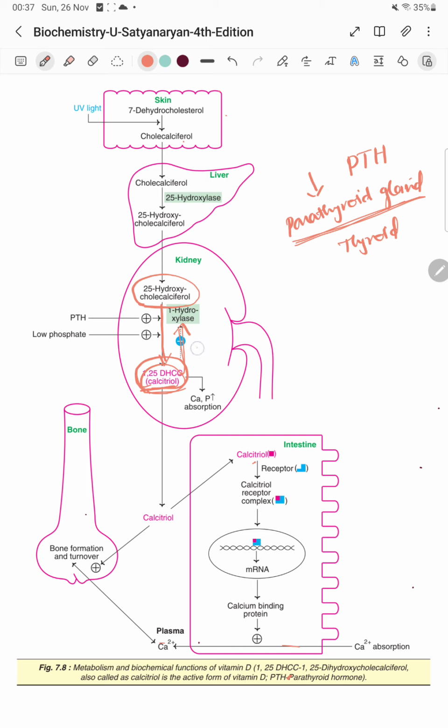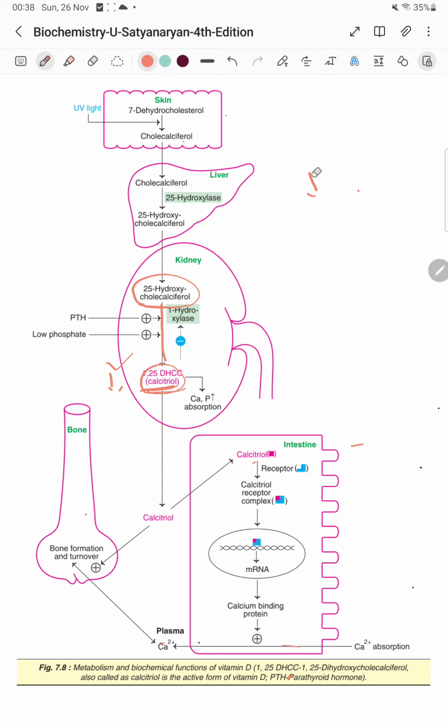This type of inhibition is called feedback inhibition, which means the end product in the pathway inhibits one of the enzymes in the same pathway. So calcitriol inhibits it and stops the synthesis. Whenever calcitriol is very low or calcium is low, synthesis starts up again. So this is how the regulation takes place.